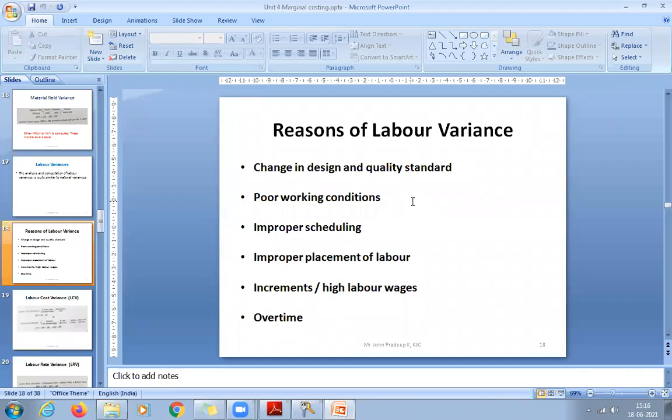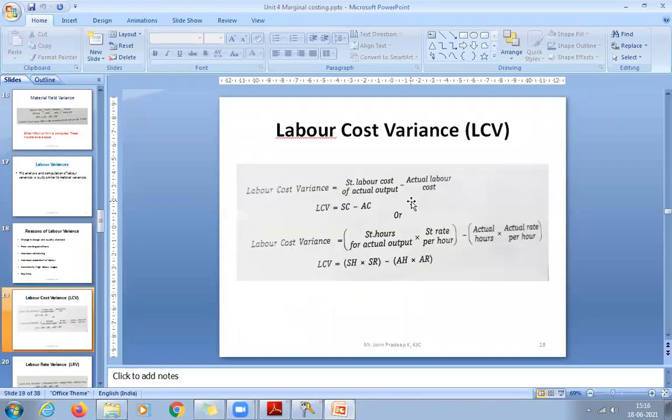And sometimes it is overtime also. When they are asked to do overtime, their efficiency will come down. Similarly, here you can see we again have 5 variances like the material variances. Labor cost variance is also the same: standard cost minus actual cost.